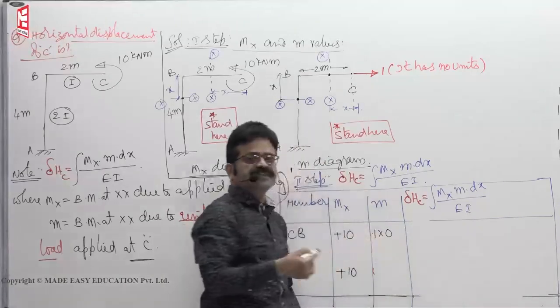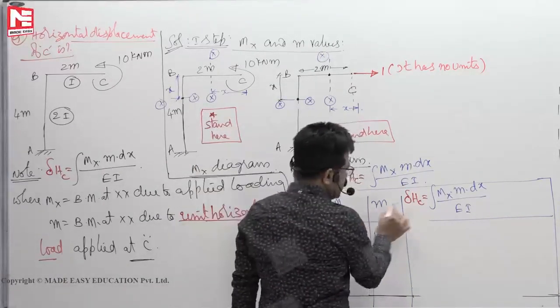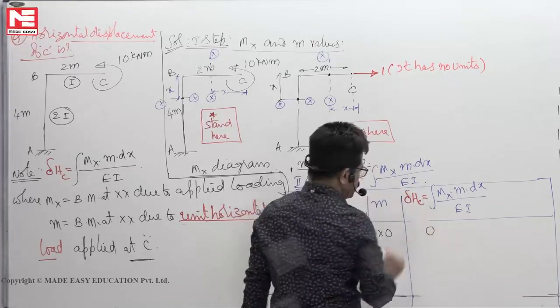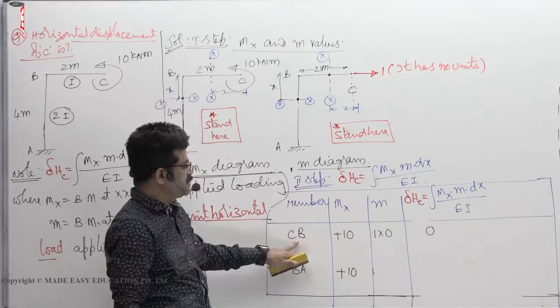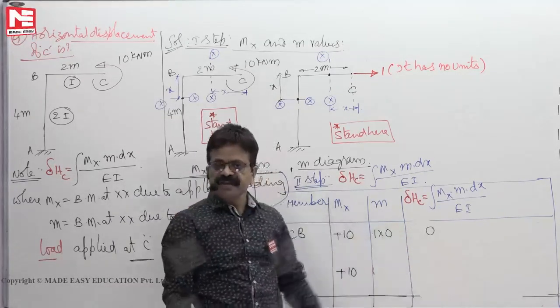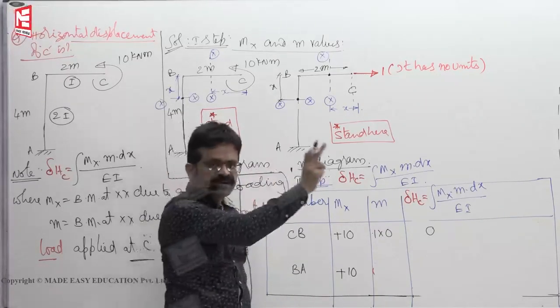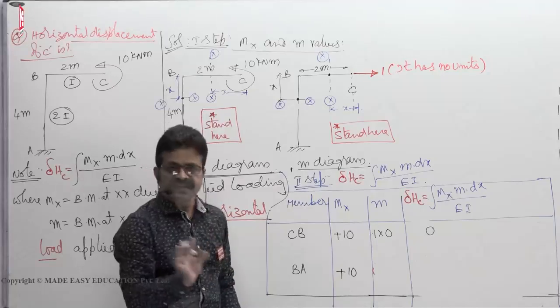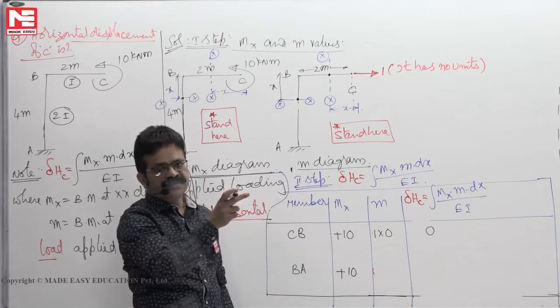Don't have to worry whether it is plus 1 into 0 or minus 1 into 0. So once a small m becomes 0, this becomes 0. Now what is the meaning of this? In the CB member, delta HC 0 means the contribution of the CB member to the horizontal displacement of C is nil. Now the member BC is axially rigid. Okay.